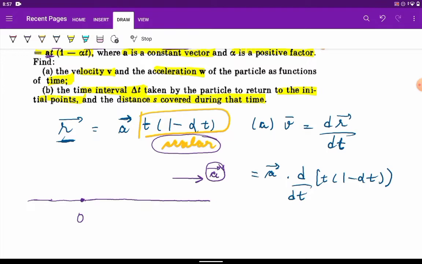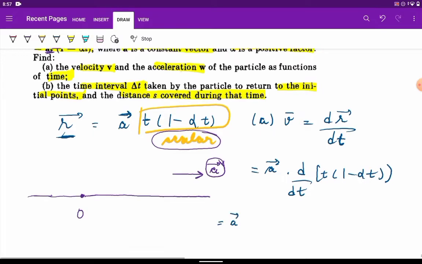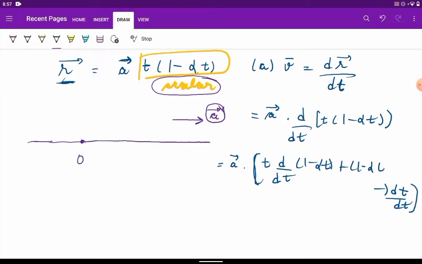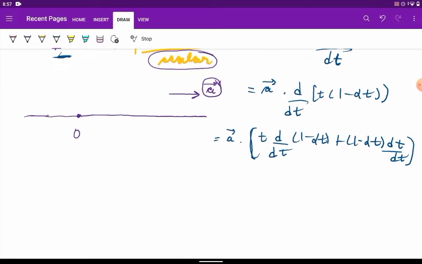Now by the product rule, this differentiation becomes t times d by dt of (1 minus alpha t) plus (1 minus alpha t) times d by dt of t.